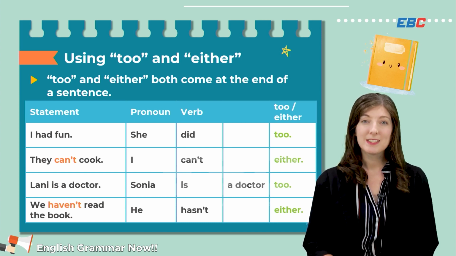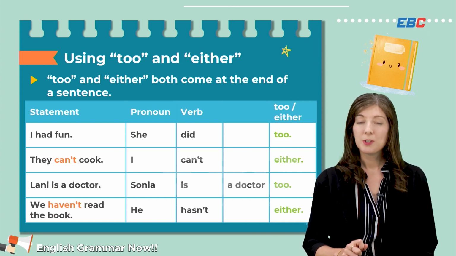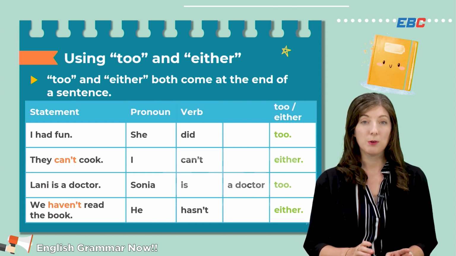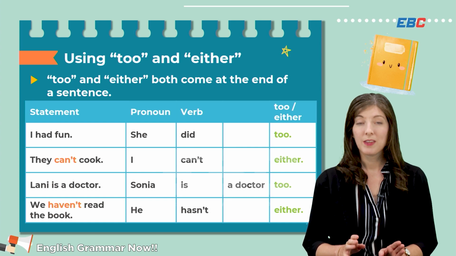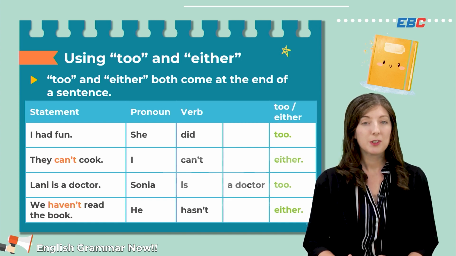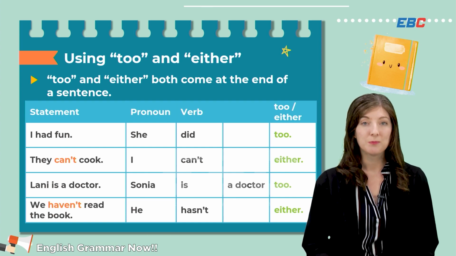When we make a sentence with too or either, they come at the very end. You could have a very short sentence that only has a pronoun, then a verb, and then too or either at the end. But you could also add in other information. Here's some examples. I had fun, she did too.